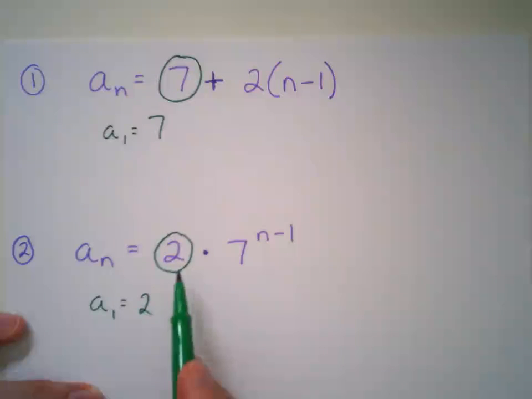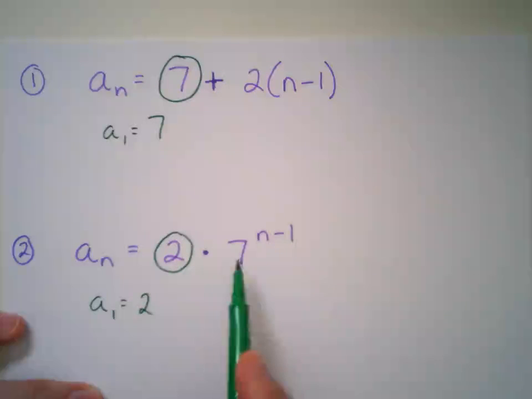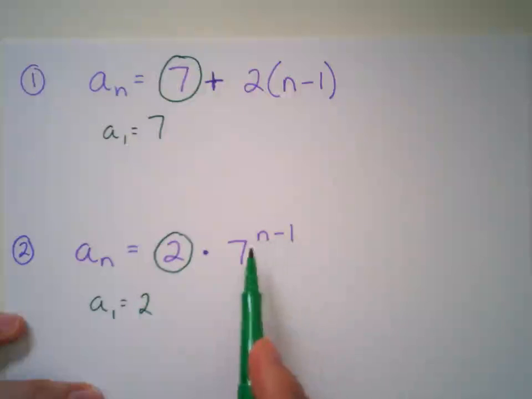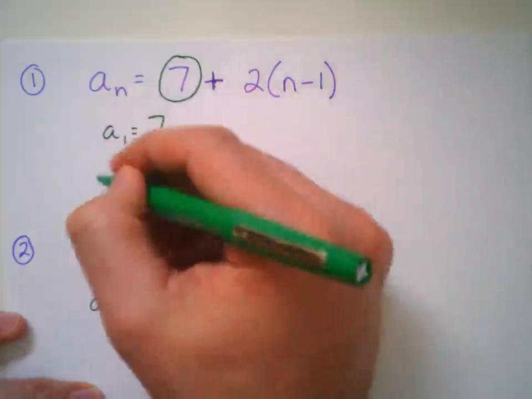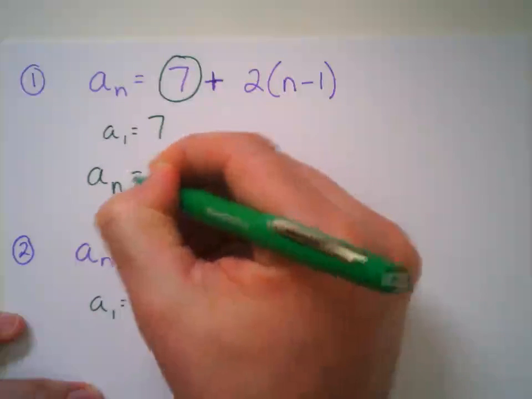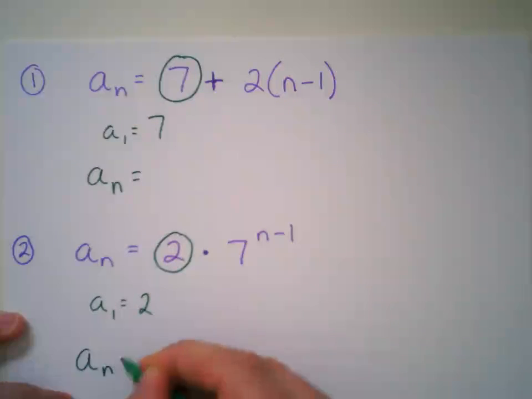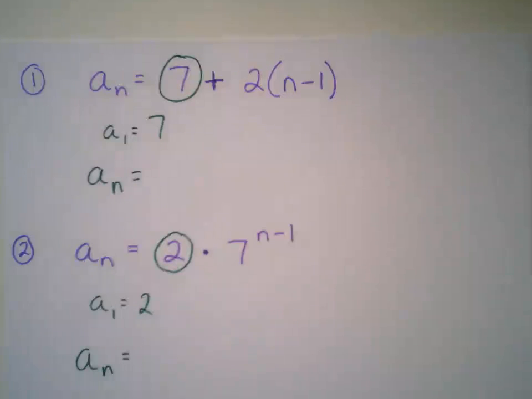And down here, 2 is our first term because the 7 over here is attached to that n minus 1, which means that's going to continue to change. But the 2 is going to be our first term. Now, the recursive formula here, A sub n equals, it's going to look a little different.